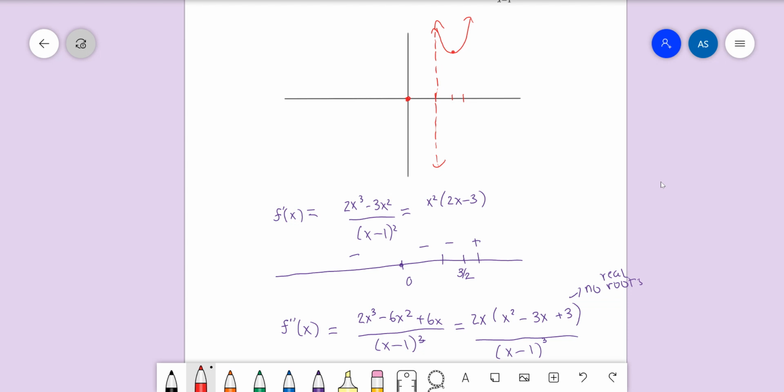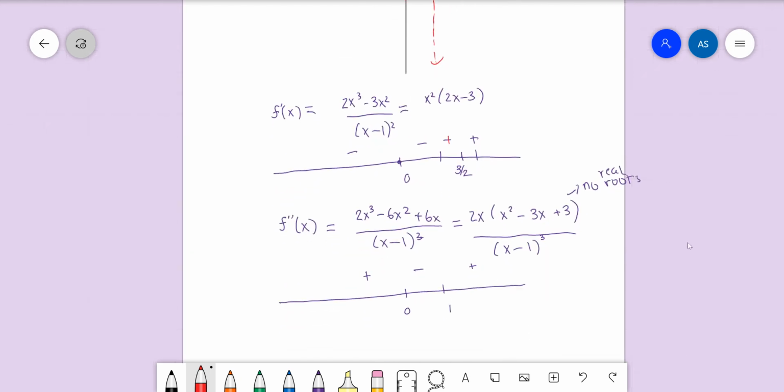Anyhow, the next part I want to look at is everything to the left of this 3/2, which is going to be concave down, right? Actually, I think I messed up there. That feels like positive.